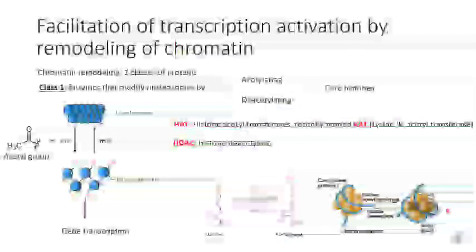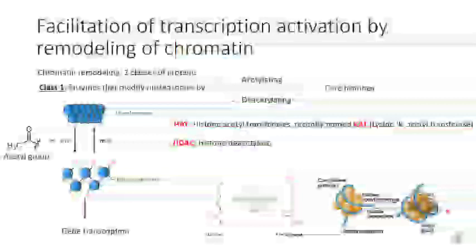Not only do we lose the histone H1 from the linker DNA, but in the core of the nucleosome, the core histones too, instead of a tightly packed nucleosome, you will see a loose, uncoiled structure. In this form, the promoter becomes uncoiled and more accessible for activation of transcription.